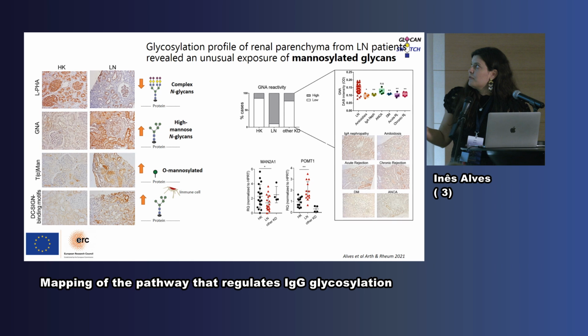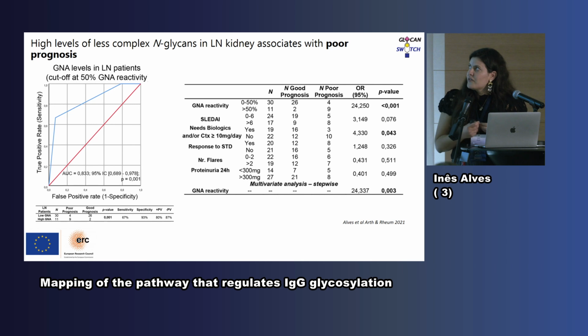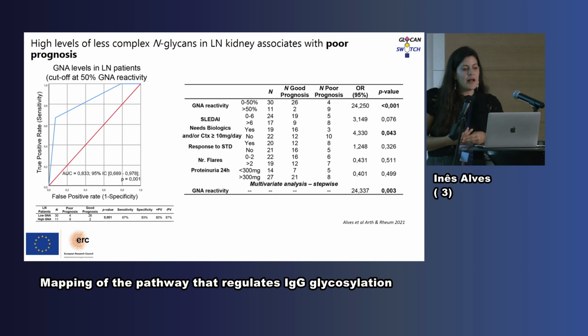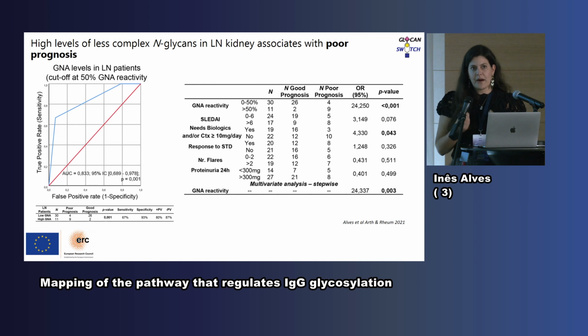We saw that these differences were specific to lupus nephritis kidney and not other kidney diseases, so it may not be associated with just disease state. Interestingly, for clinical purposes, we were also able to test if this marker, high levels of mannose, was associated with bad prognosis.